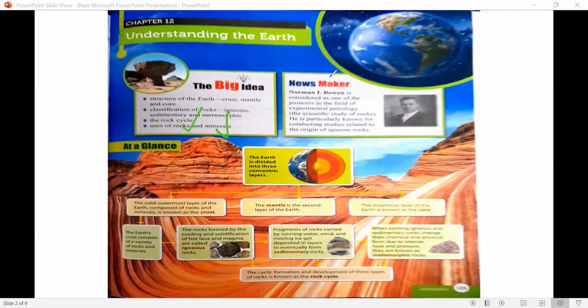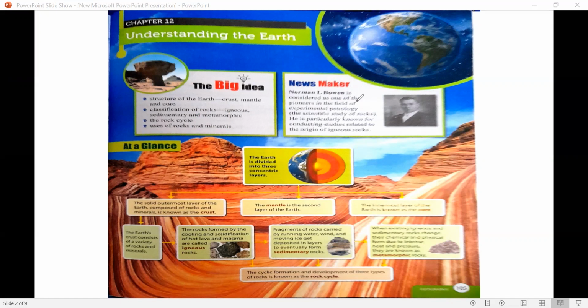So let's get started with the first thing, which is who is the newsmaker of this chapter. Norman L. Bowen is considered one of the pioneers in the field of experimental petrology. And what is petrology? Petrology is when the scientific study of rocks is done by some person, it is known as petrology.